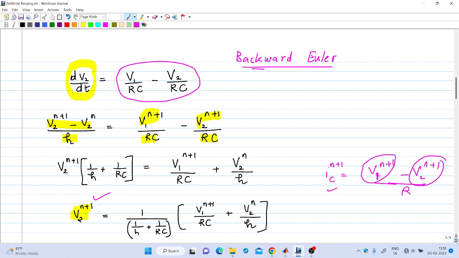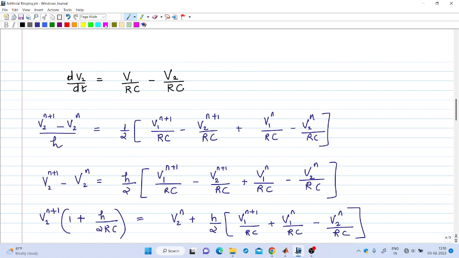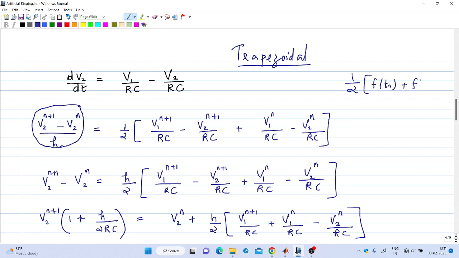If we are using the trapezoidal method, then the approach will be different. That also we have studied before. In the trapezoidal method, the left hand side is the same, dV2 by dt is replaced by (V2n plus 1 minus V2n) by h, but the right hand side we replace by half of the sum of the slopes evaluated at tn and tn plus 1, that is, h by 2 into f of tn plus f of tn plus 1.